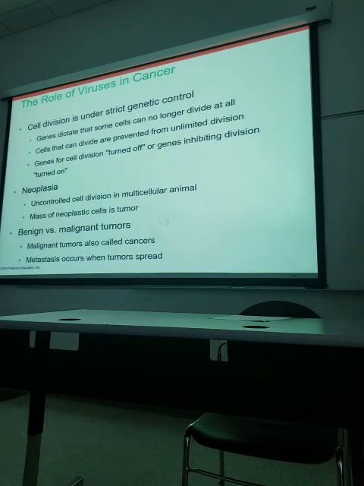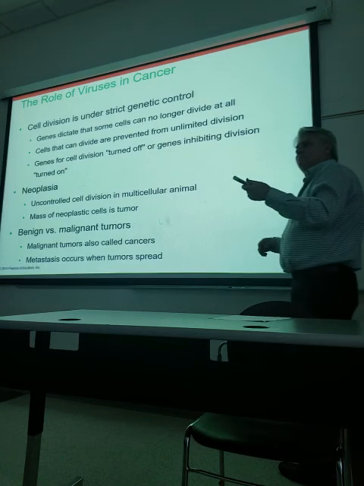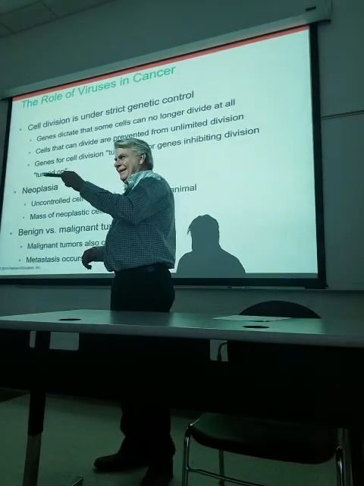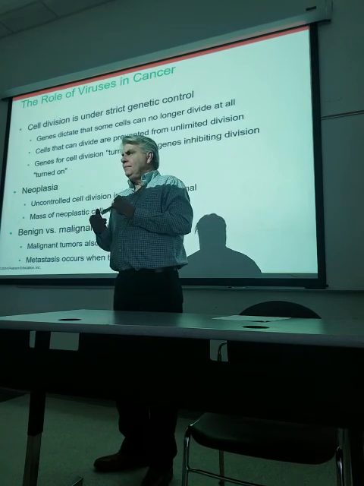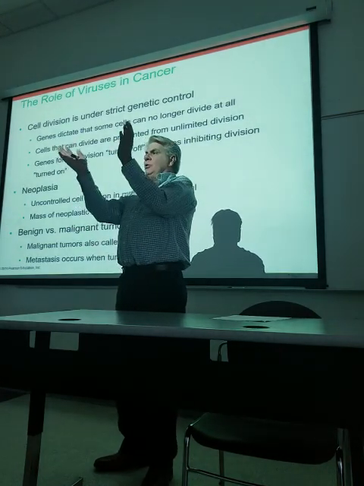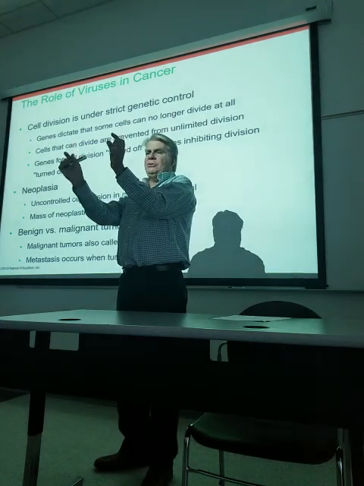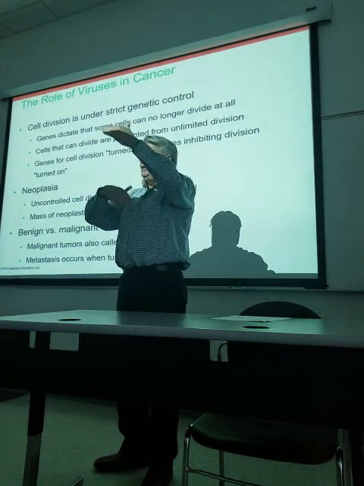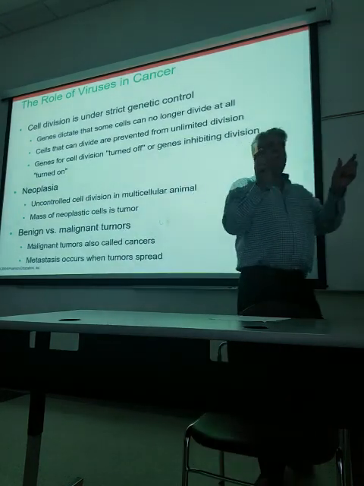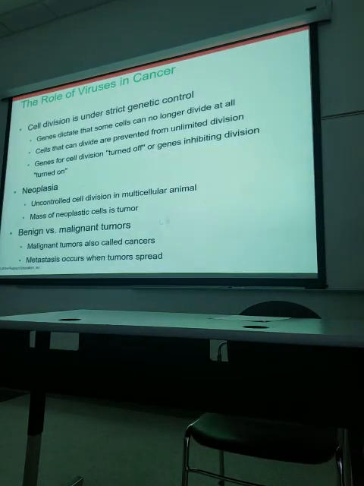Do you all remember telomeres from 1306? What are they? They're on the ends of your chromosomes. Every time your cells copy your DNA, you chop a little piece off, so telomeres are at the end because you don't want to start chopping off stuff you need.